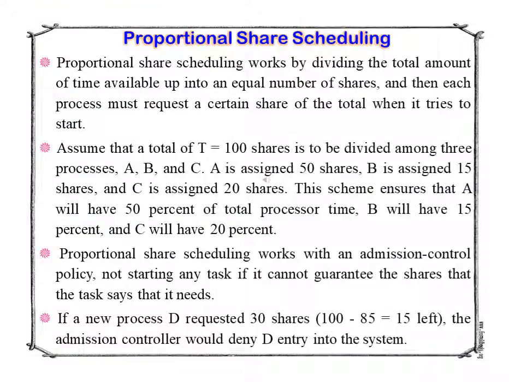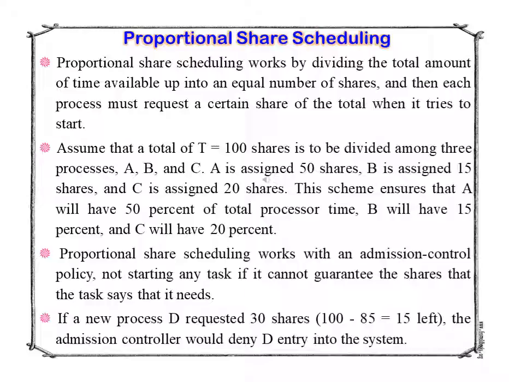Next is proportional share scheduling. Proportional share scheduling works by dividing the total amount of time available into an equal number of shares, and then each process must request a certain share of the total when it tries to start.